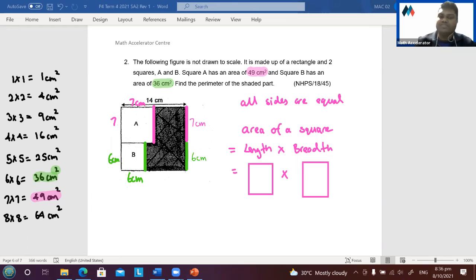Okay. So as far as the shaded figure goes now, we got all the sides here, 6, 7, 7, 6. So what we are left with now is this part here. This part here, the blue part here. What is the length here?